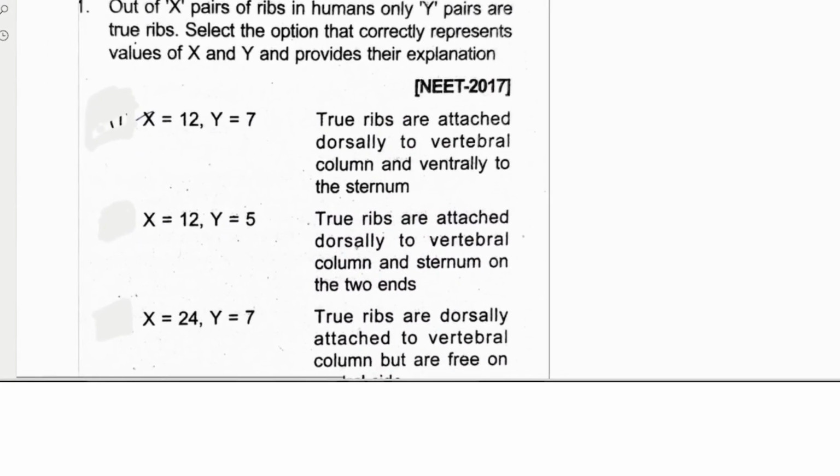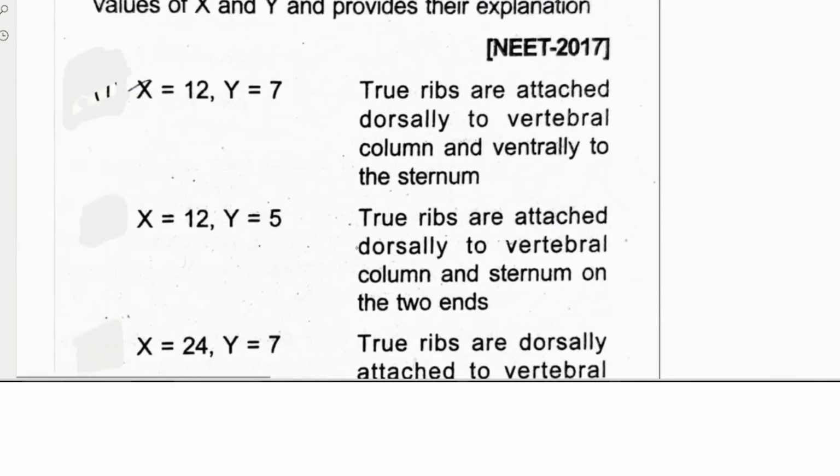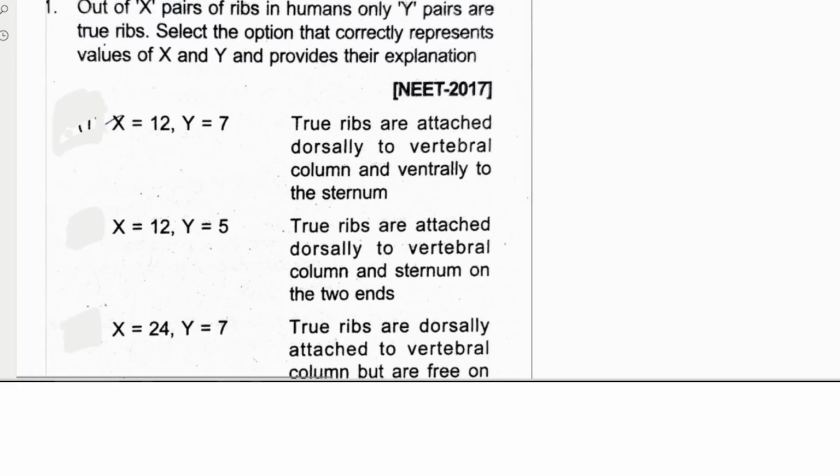Now let us see the next question, question number 4th. Question number 4th is: out of X pairs of ribs in humans, only Y pairs are true ribs. X pairs of ribs means the total number of ribs, they are asking for the pairs of ribs.